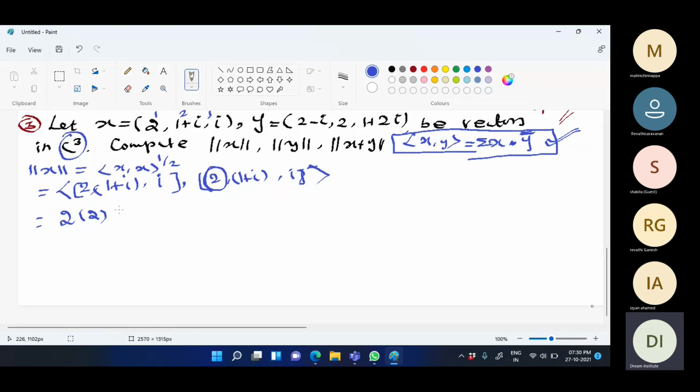Any real number has a conjugate or not? We cannot find the conjugate of a real number, right? It is the same number.